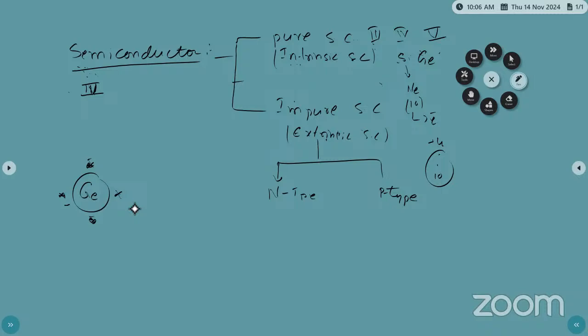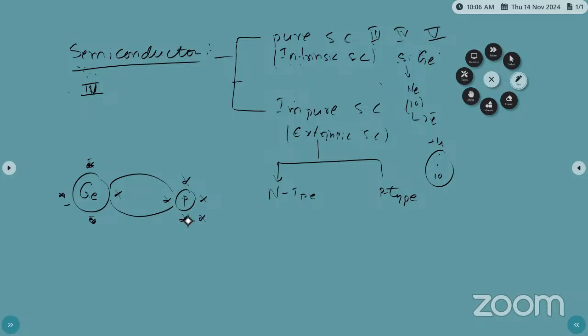Tell me one pentavalent element. Nitrogen. Then, okay, phosphorus. Phosphorus is having how many valence electrons? 5. Now here this germanium's 1 valence electron and phosphorus's 1 valence electron are forming a covalent bond.